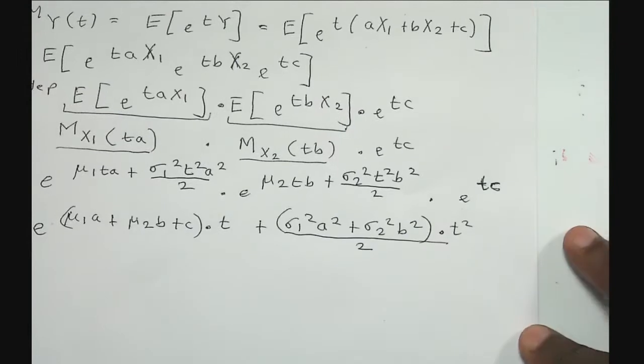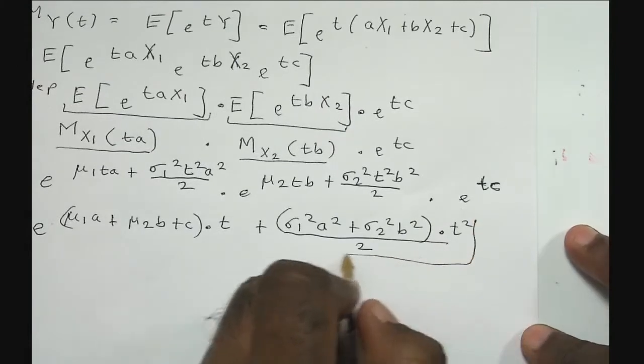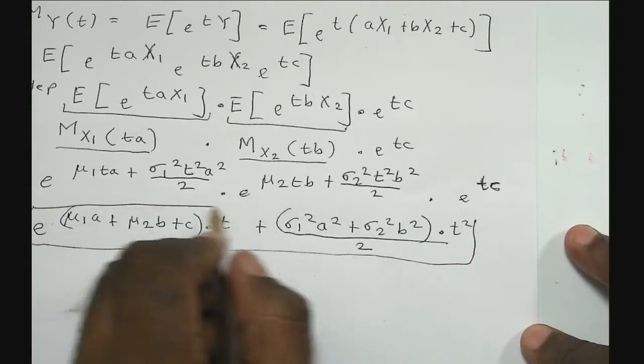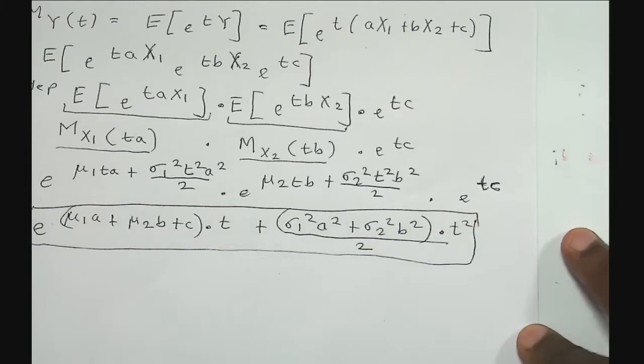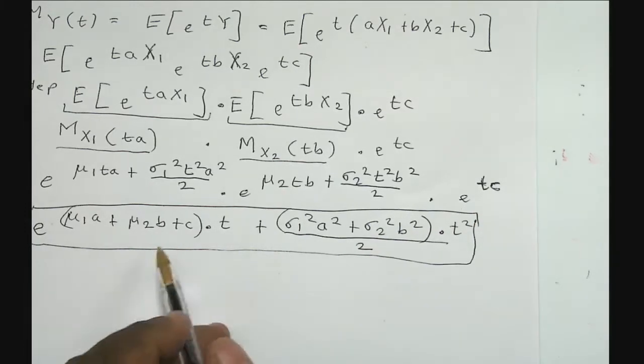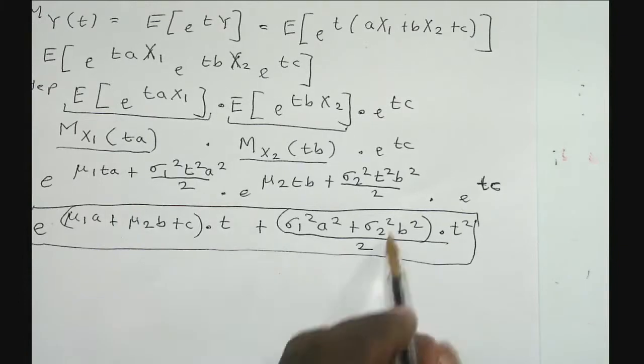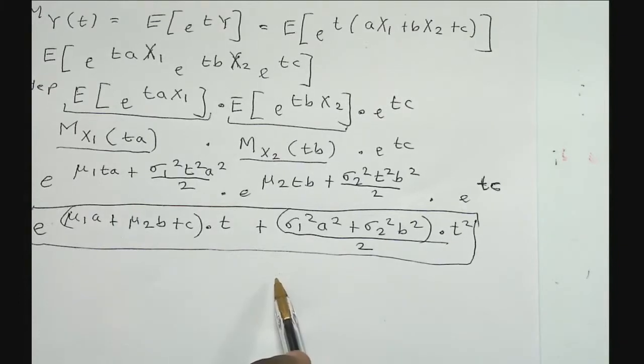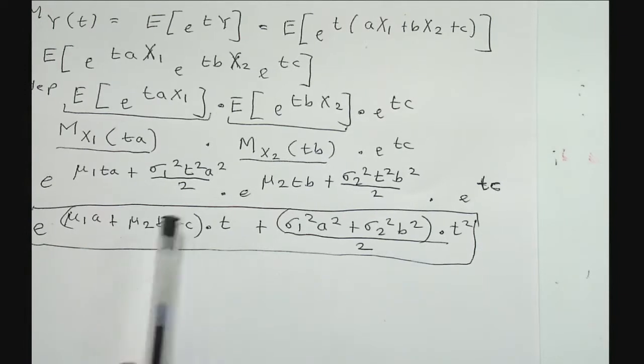All right, now let's look at this one a little bit closer. So this is what we have got. Now, just take a minute and see how this compares to this expression here. What's the similarity between this expression and the expression over here?